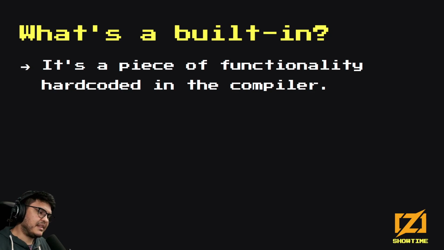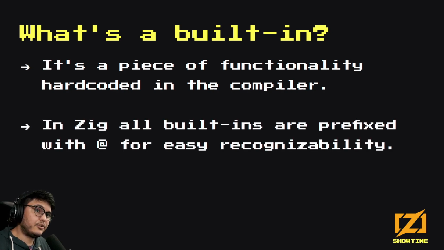But they are not normal Zig functions. They are special, and they have a different role in how code gets parsed, analyzed, and then translated to machine code. They are all prefixed with the @ symbol in Zig, so you can easily recognize them from normal functions.